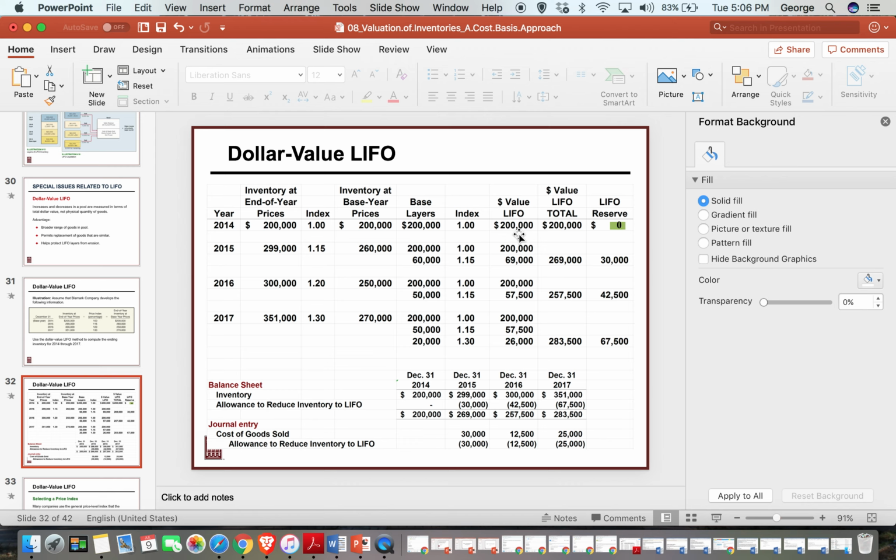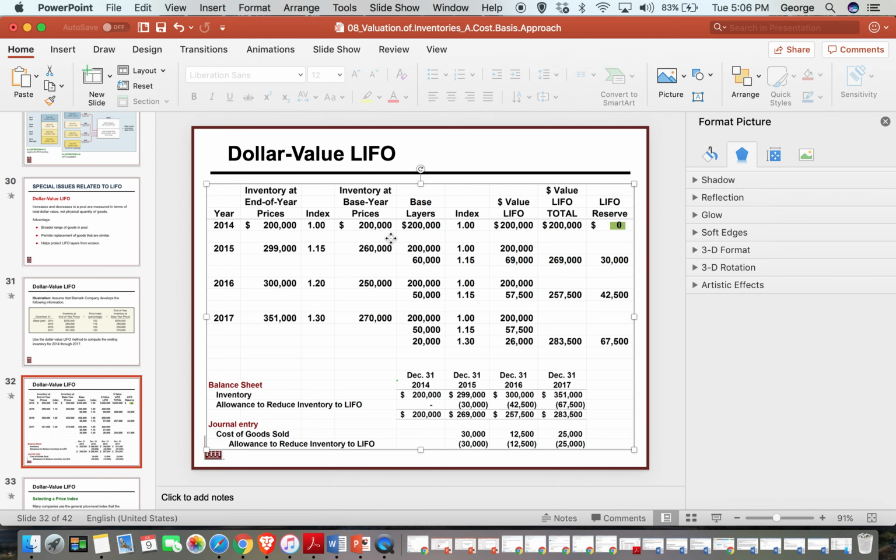So there's no difference between this first column and the sixth column, the value under LIFO. They're both 200,000. Then in year 2, we have 299 divided by 1.15, so we get 260,000 of inventory at base year prices.